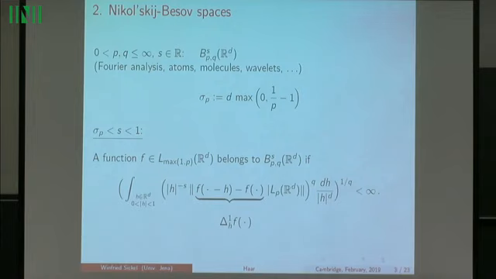If you deal with spaces with p less than 1, then the theory is a little bit more tricky compared to p bigger than 1, because then these are distribution spaces, and it may happen that you have singular distributions in those spaces, and then characterization by differences would not make sense. So many times I need an abbreviation, I need this condition that the smoothness s is strictly larger than this quantity, because it guarantees that we are dealing with regular distributions.